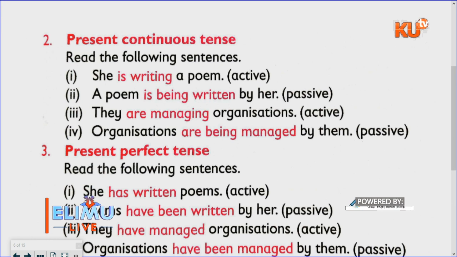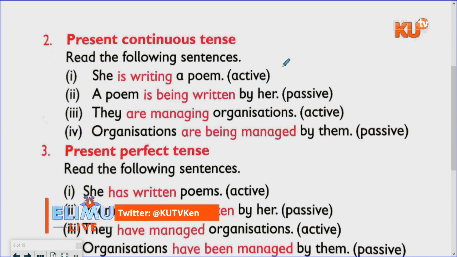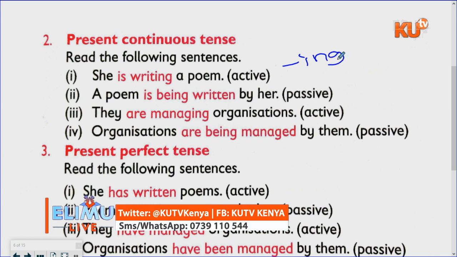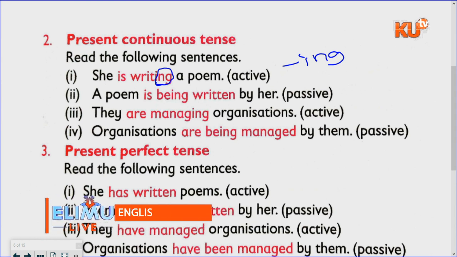Is indicates present, then writing, with the suffix ing. Whenever you see this suffix ing, it indicates continuity. It is the part of the verb that tells you it is in continuous tense. She is writing a poem.